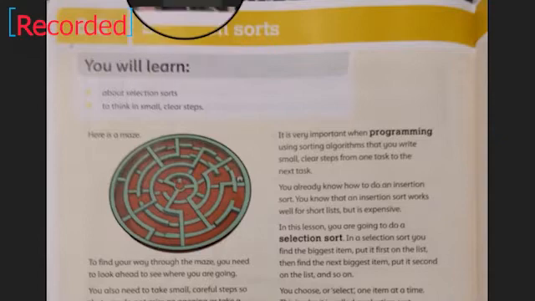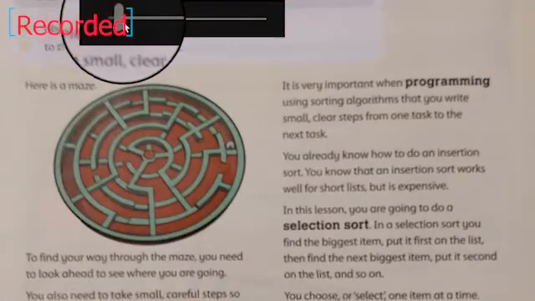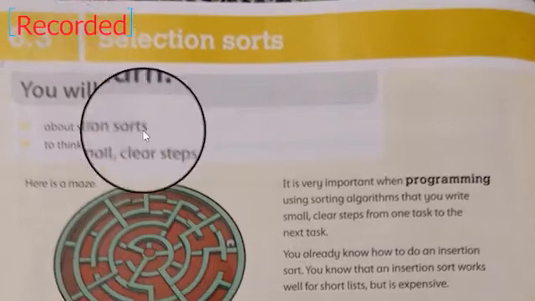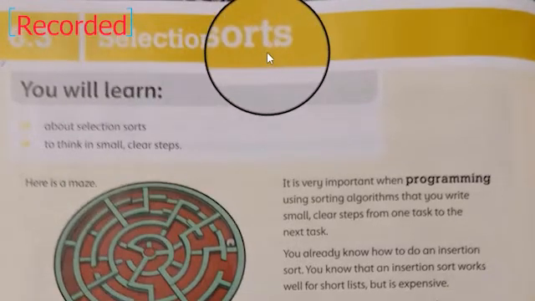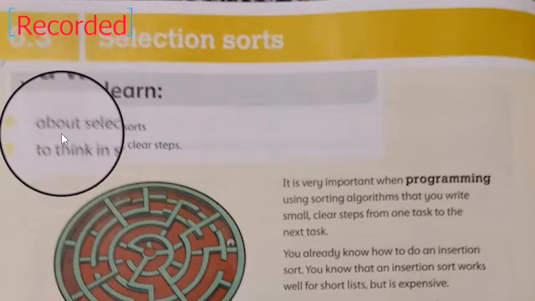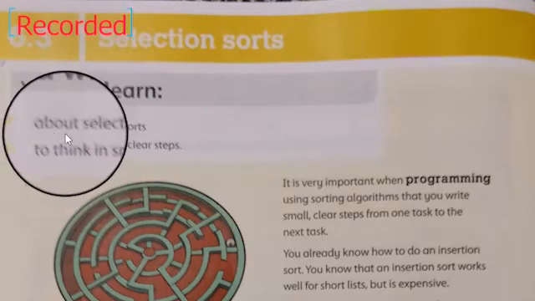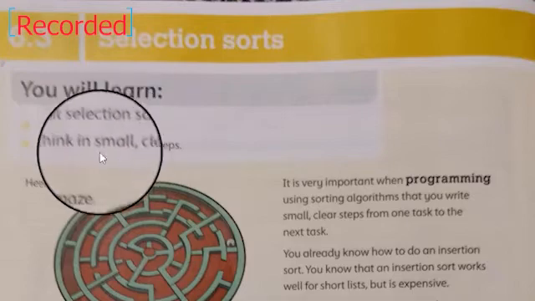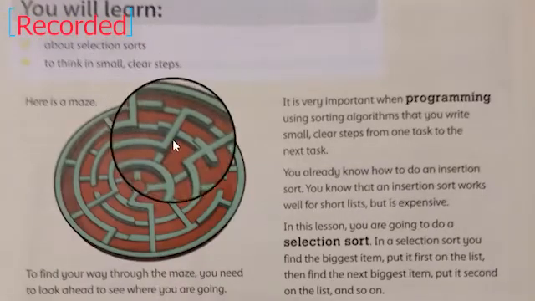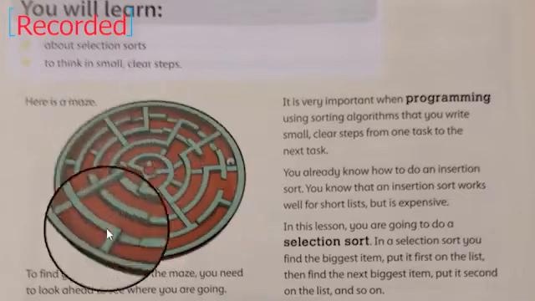As you can see here, it's written here. Let me zoom it. We will learn in this lesson about selection sorts, to think in small, clear steps. As you can see here, here is a maze.